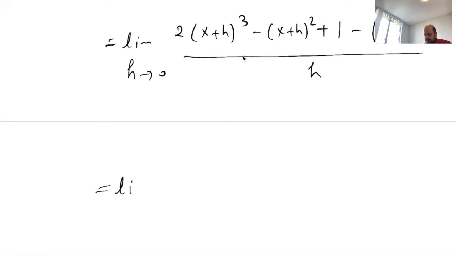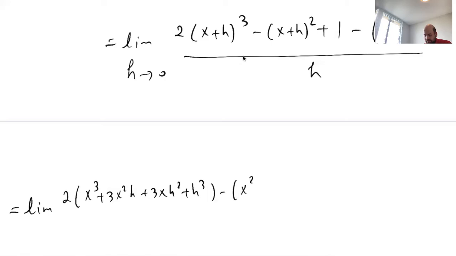And then this is the limit of 2 times x cubed plus 3x squared h plus 3x h squared plus h cubed. I have enough space here, maybe I can write it here. The limit of 2 times x cubed plus 3x squared h plus 3x h squared plus h cubed, minus x squared plus 2xh plus h squared. Now 1 and minus 1 cancel.